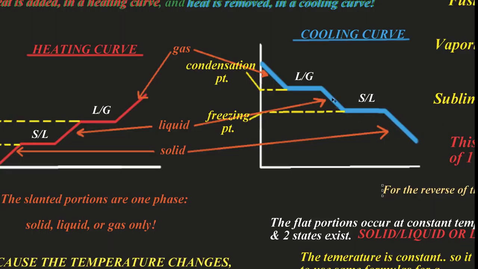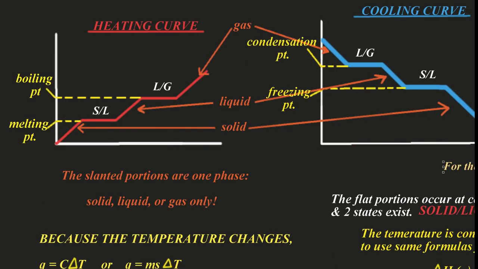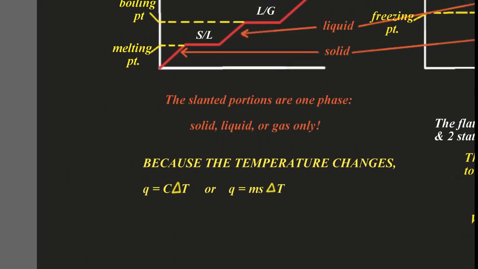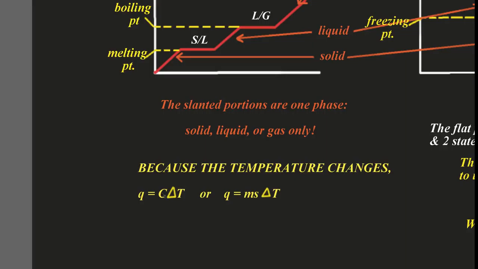All right? So, because these regions here have a change of temperature, there's a specific enthalpy formula that you must use. Whereas the flat regions don't change in temperature, and there's a different formula. So let's check out the two different formulas. For the slanted regions, because there's a change in temperature, we use the heat capacity formula, or the specific heat if you're given mass, times change in temperature.